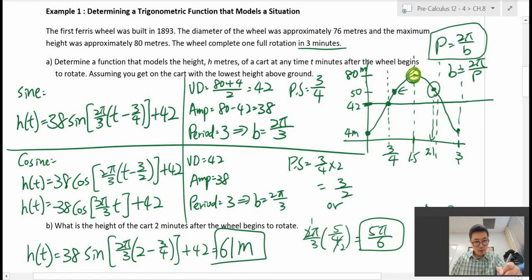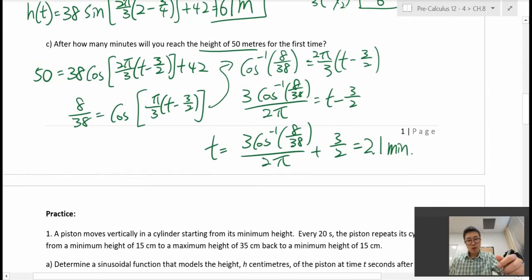From the maximum to this point, from 1.5 to 2.1, it takes 0.6 minutes, which means if you backtrack from this point to this point, it also takes 0.6 minutes, which means this is going to be 1.5 minus 0.6. So our answer is actually going to be 1.5 minus 0.6, which is 0.9 minutes.